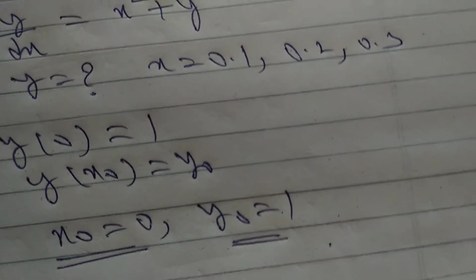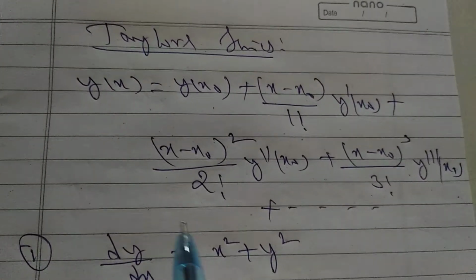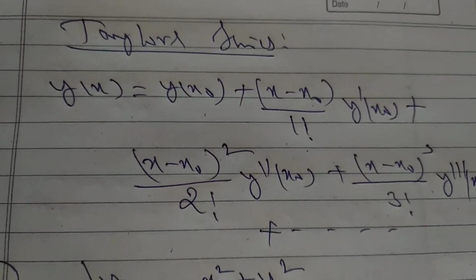Here, what is the value of x naught? x naught is 0 and y naught is equal to 1, as given. Substitute these in the Taylor series equation.